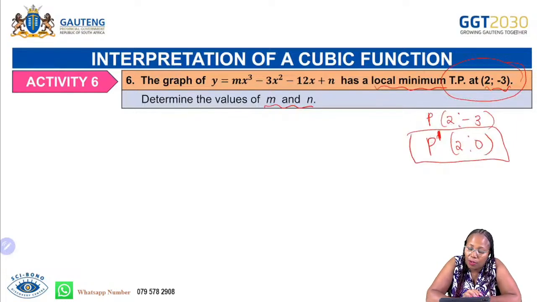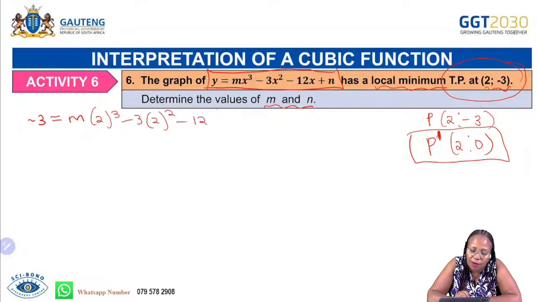Let's start with the original point (2, minus 3). So our y will be minus 3. We are using our equation for substitution. Minus 3 equals m times 2 cubed minus 3 times 2 squared minus 12 times 2 plus n.